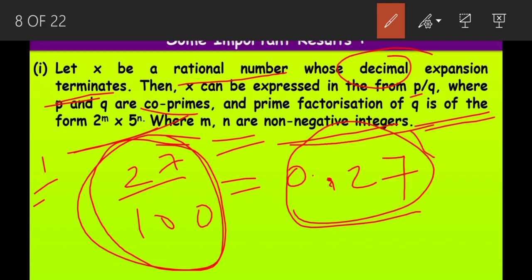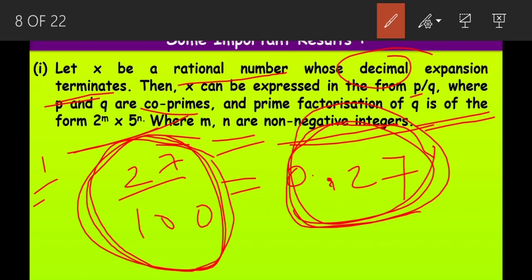So here 0.27 is a terminating decimal. What we have done? We can write it as 27 by 100. What are the factors of 27? 1, 3, 9, 27. What are the factors of 100?